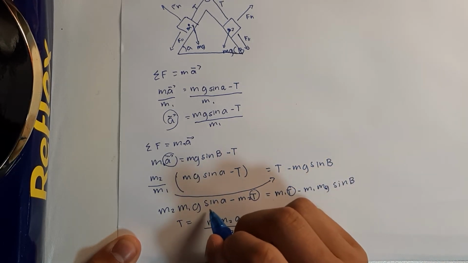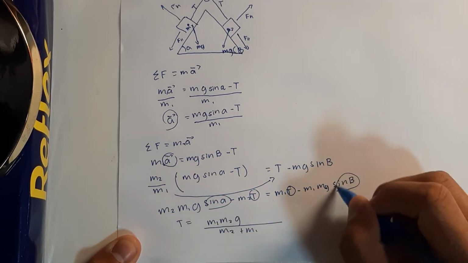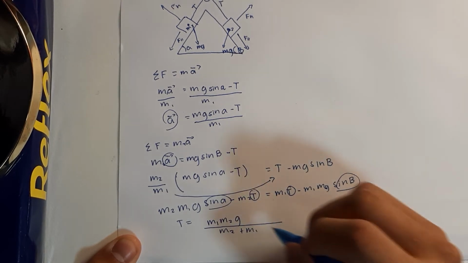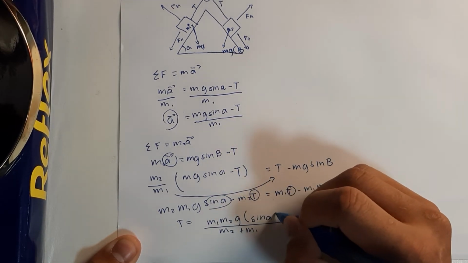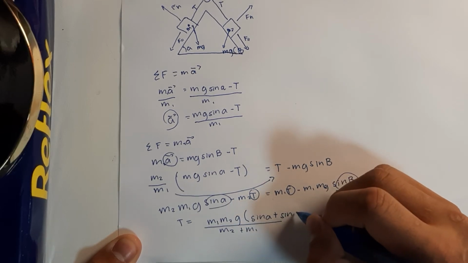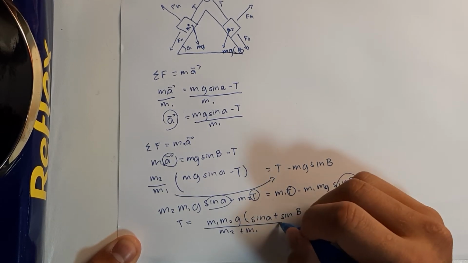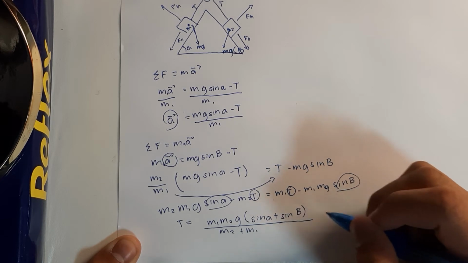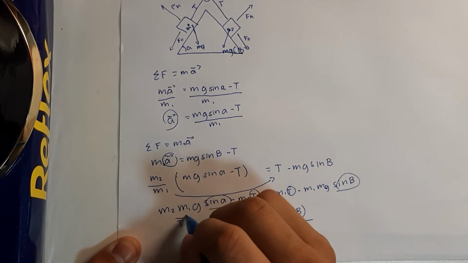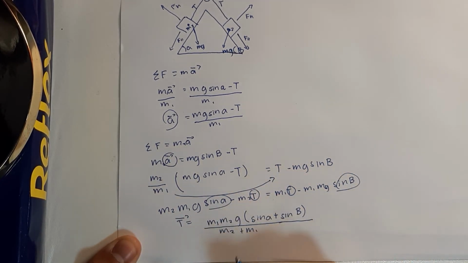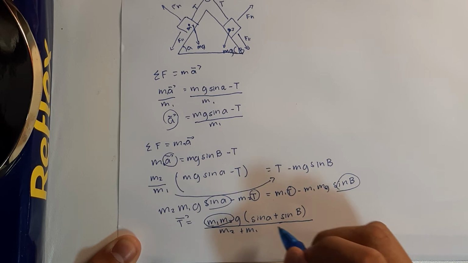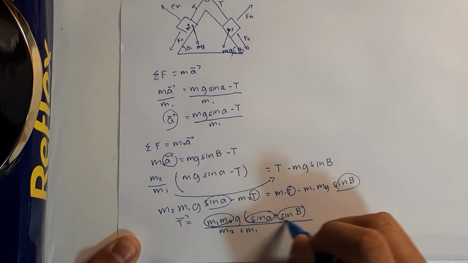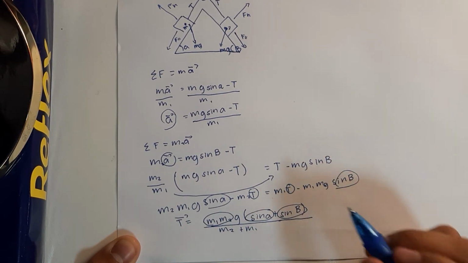We can see that there are both the two sine functions here, so multiply that by sine alpha plus sine beta, and tension is now expressed as a function of the masses and the angles respectively.